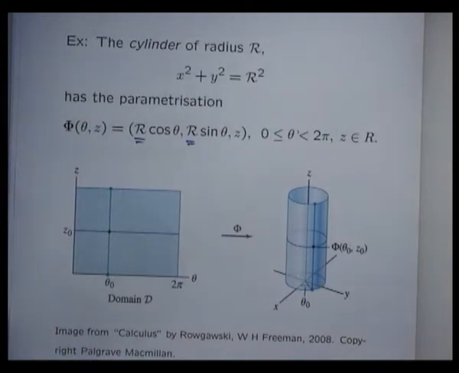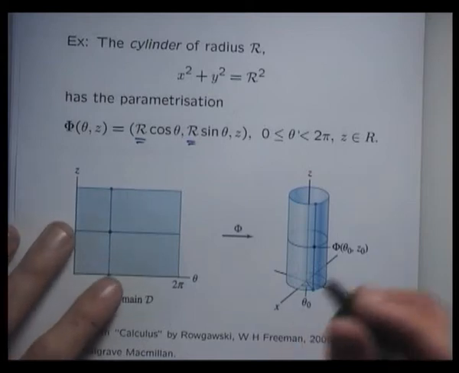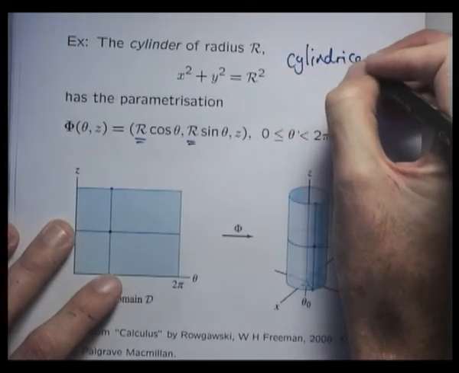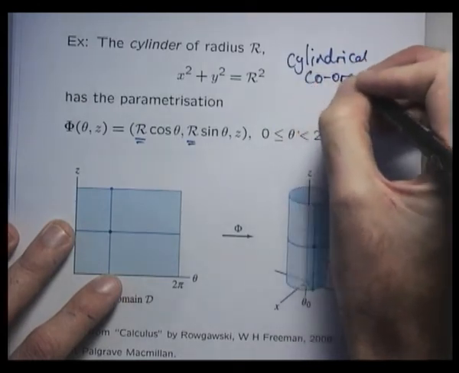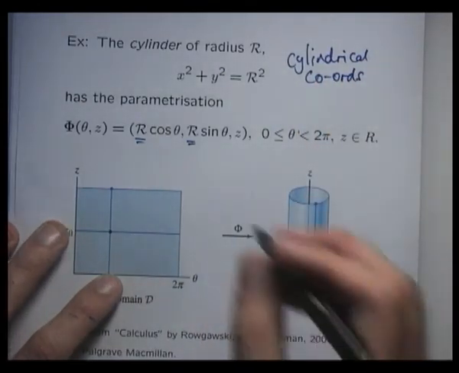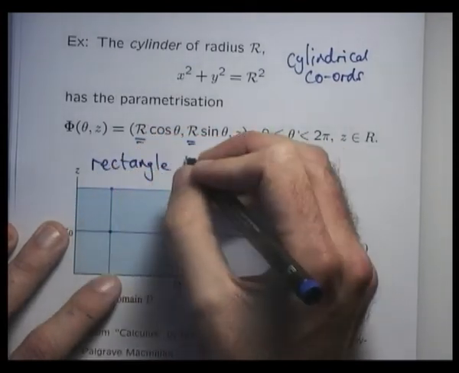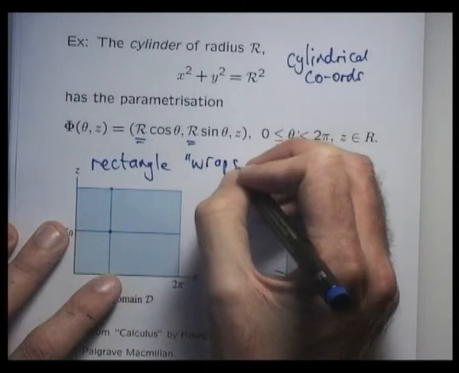Again, we're in cylindrical coordinates here. And you can see that the rectangle wraps around the cylinder.